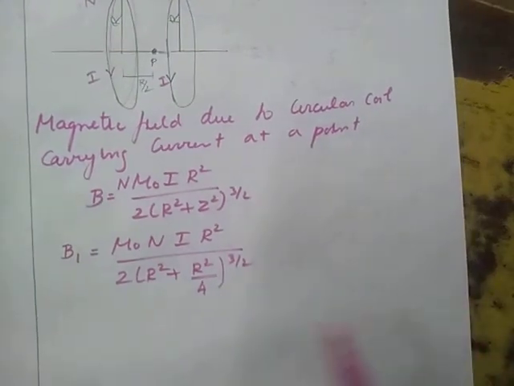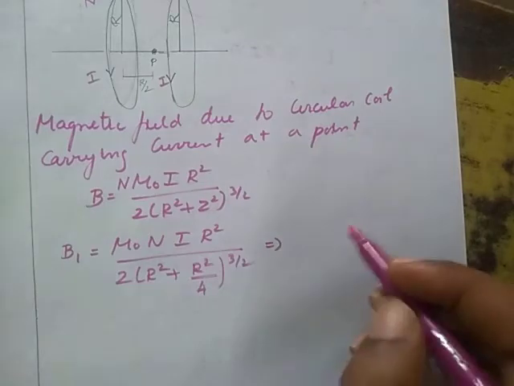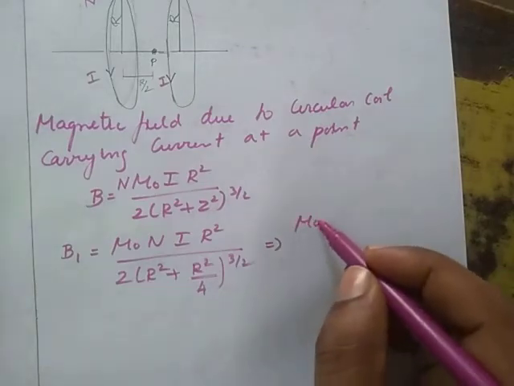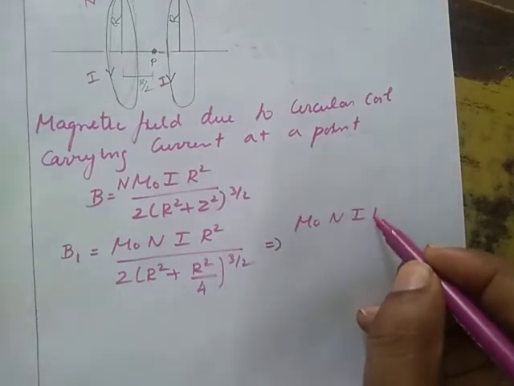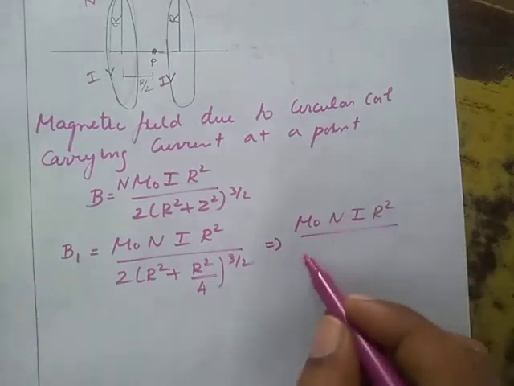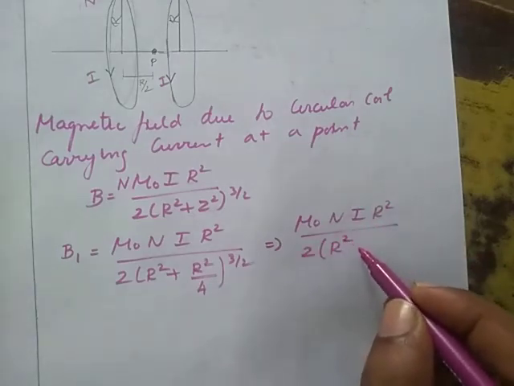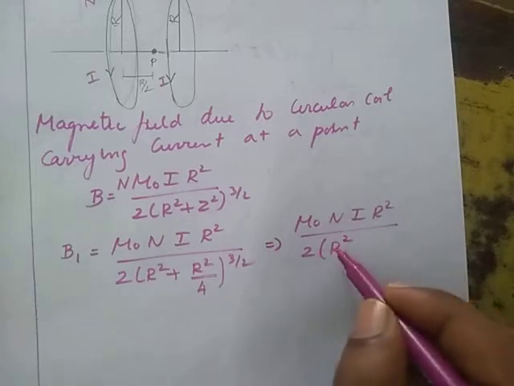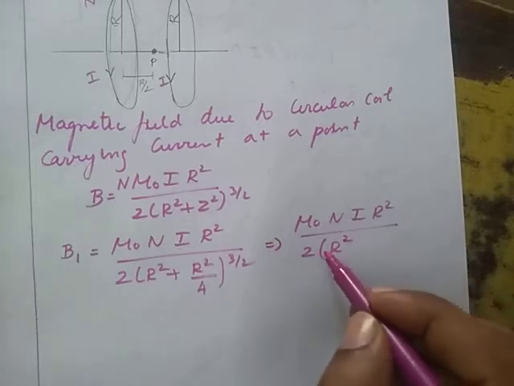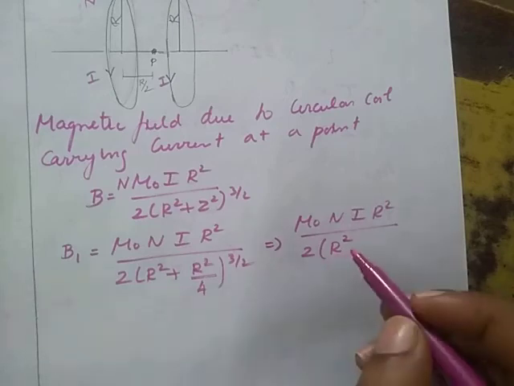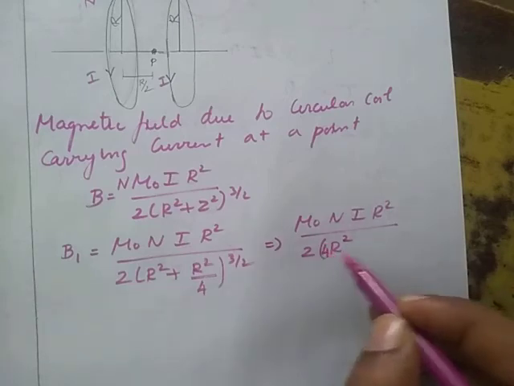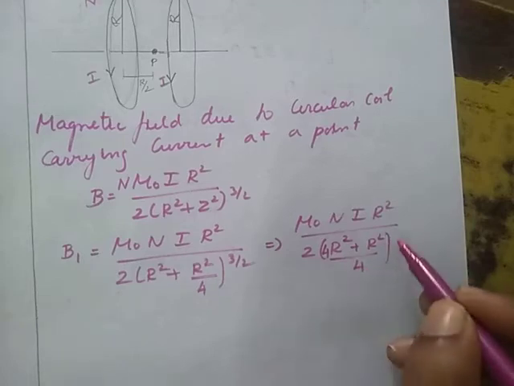Solving this, taking the LCM, we get 4 r square plus r square by 4, power 3 by 2.